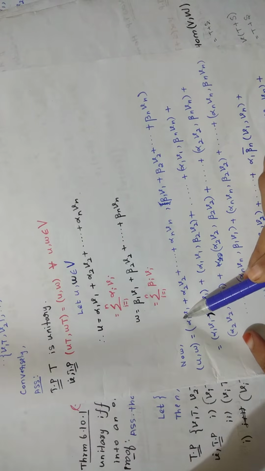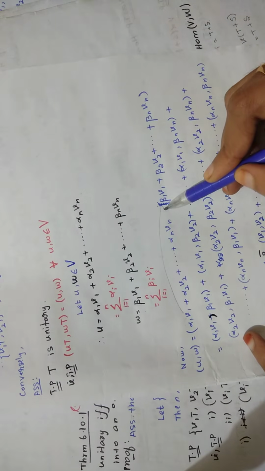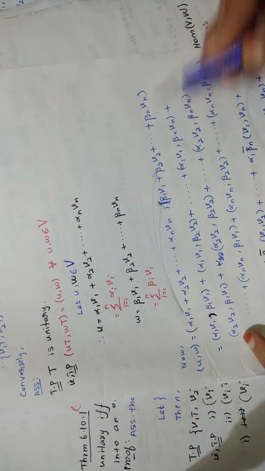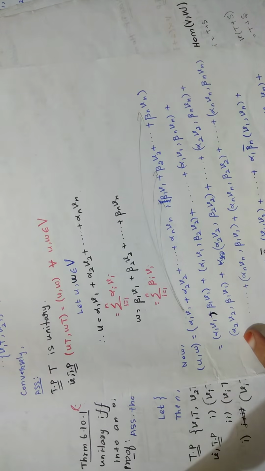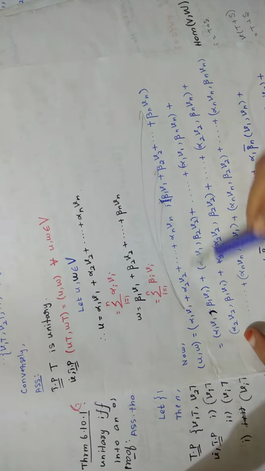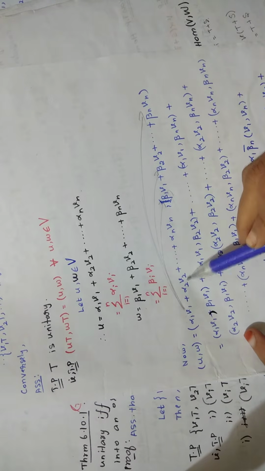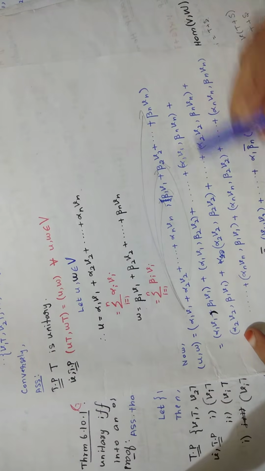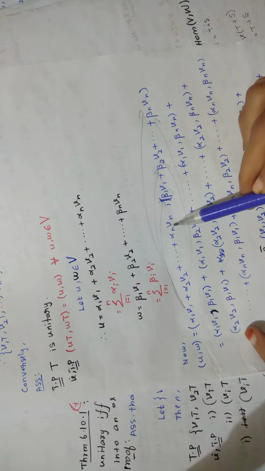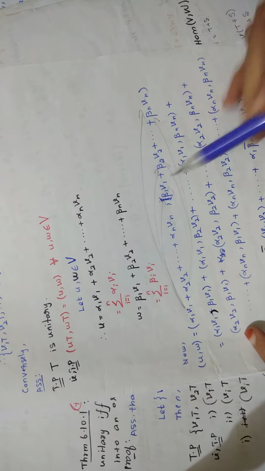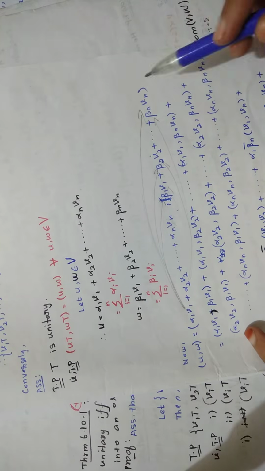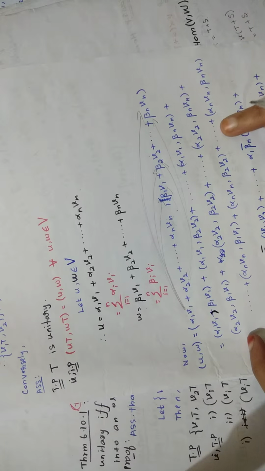Then plus, α2v2 comma this, plus α2v2 comma this, plus α2v2 comma this, then plus etc., plus αnvn comma this, plus αnvn comma this, plus αnvn, and in between you have to put etc.